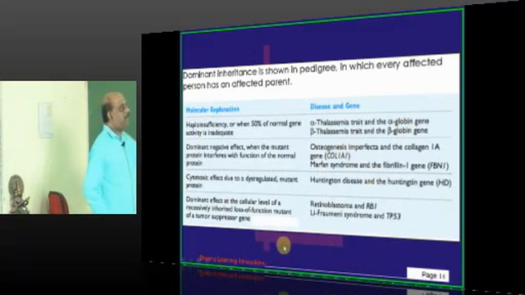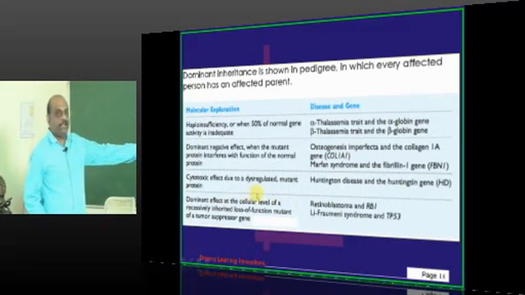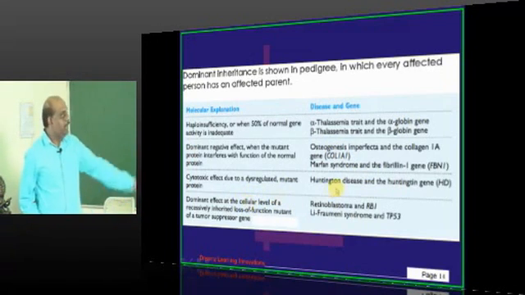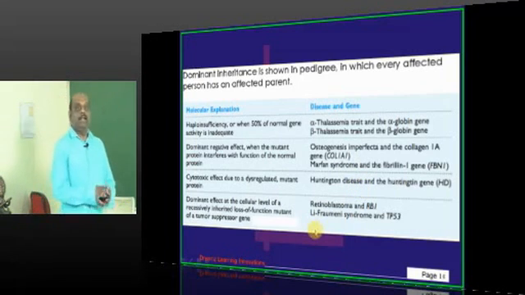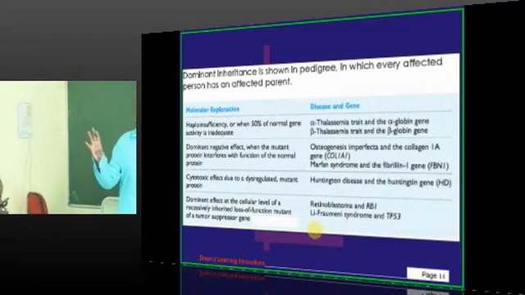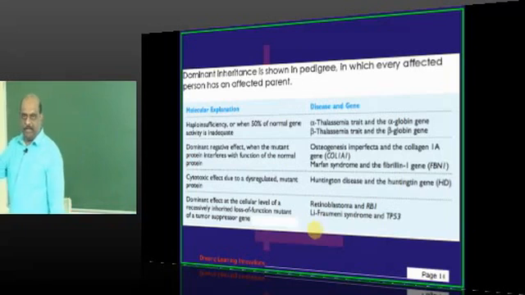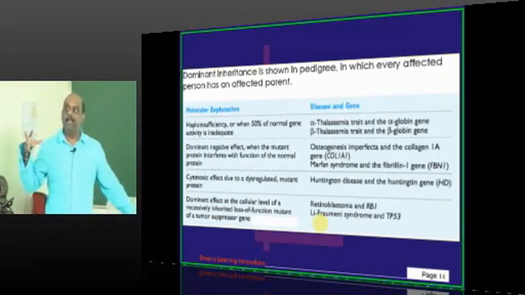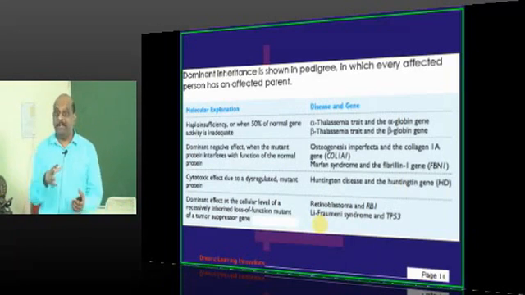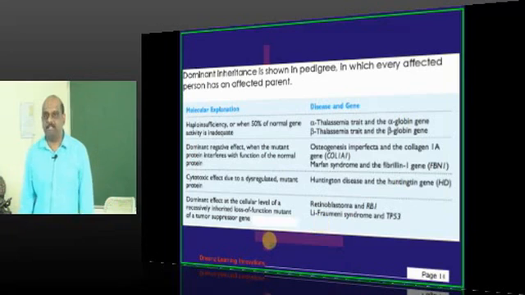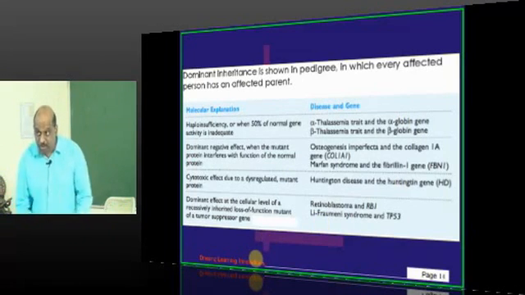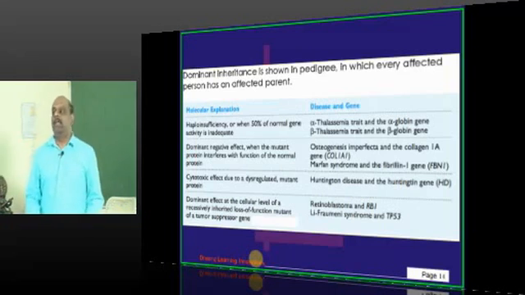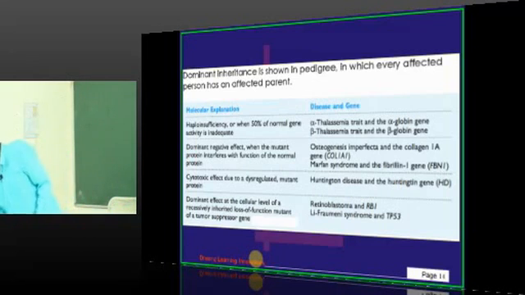Then you have the cytotoxic effect because of the dysregulated protein, we said, no. In the case of Huntington's disease, what will happen? The trinucleotide repeats will lead to an abnormal protein, the Huntington's protein, and that typically has a cytotoxic effect leading to degeneration of the nervous tissue. Hence, Huntington's chorea has become ultimately a neurodegenerative disorder, is what you have to ultimately remember.